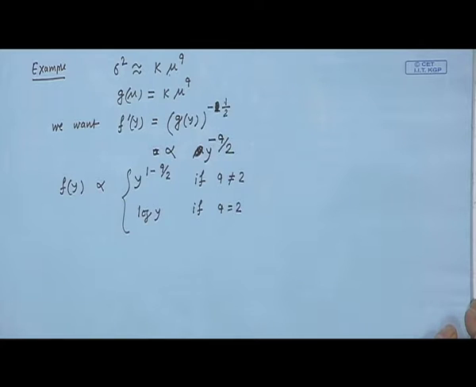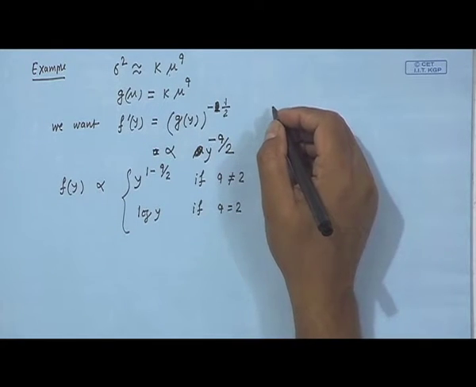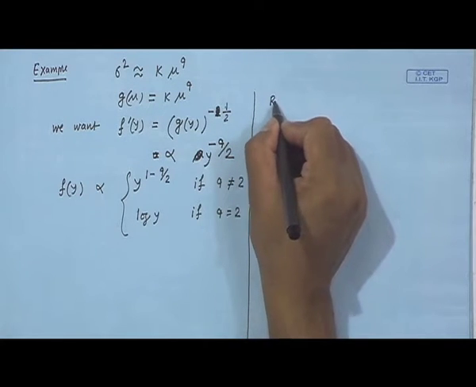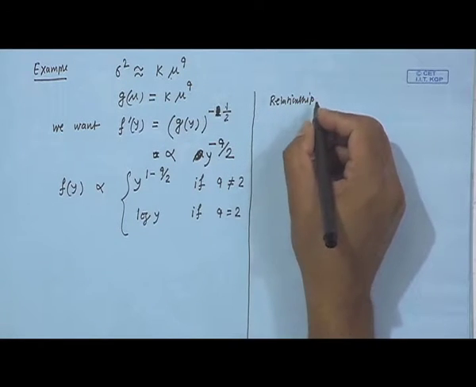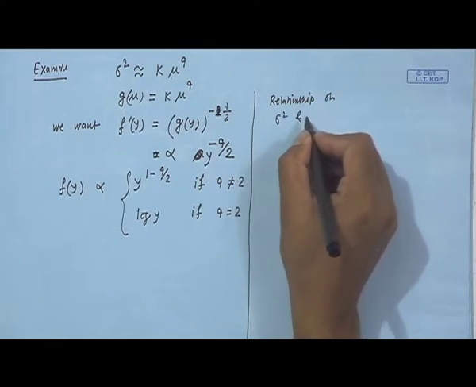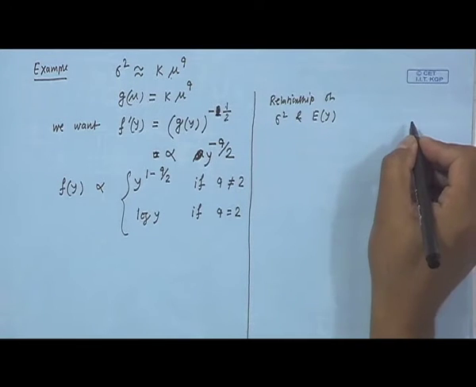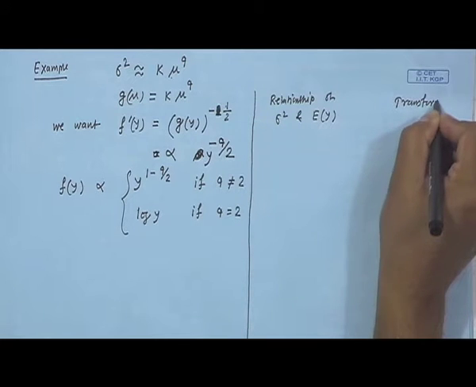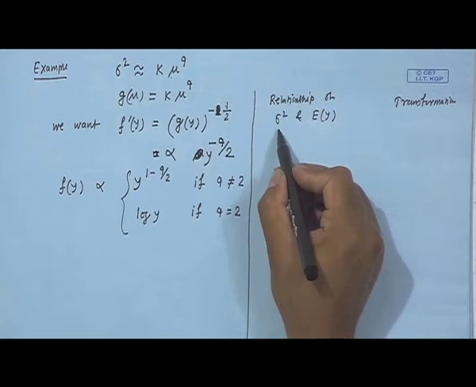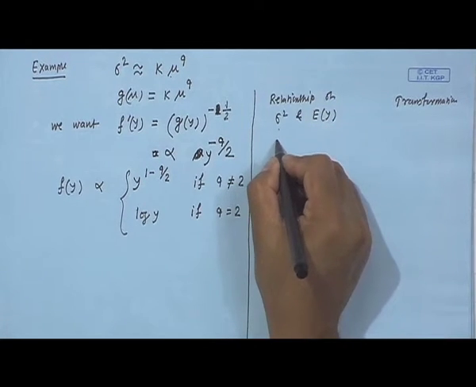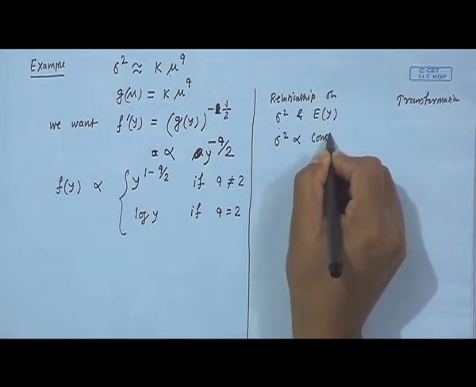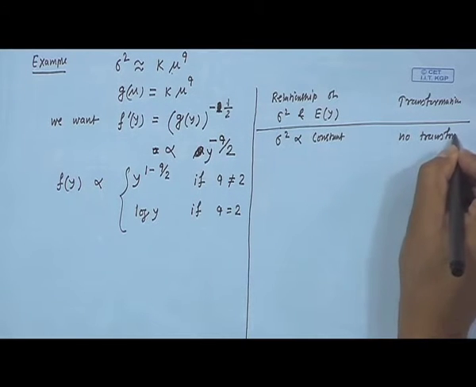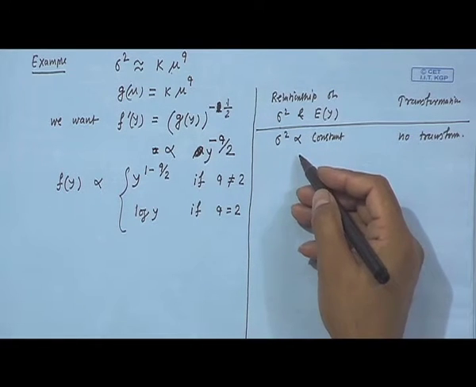Now, I will talk about several commonly used transformations, the relationship of sigma square and E(y) and the transformation here. Suppose the relationship between variance and mean is that sigma square is proportional to a constant, then you do not need to take any transformation, because the constant variance assumption is satisfied here.